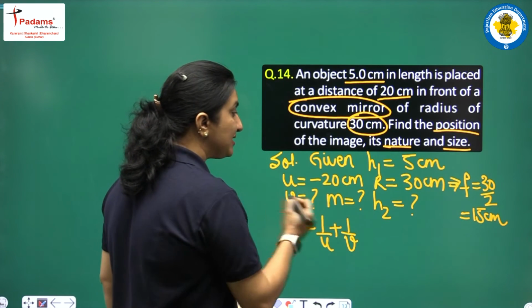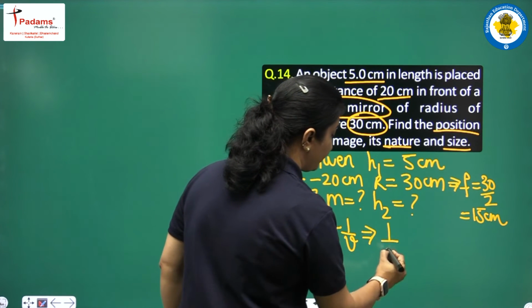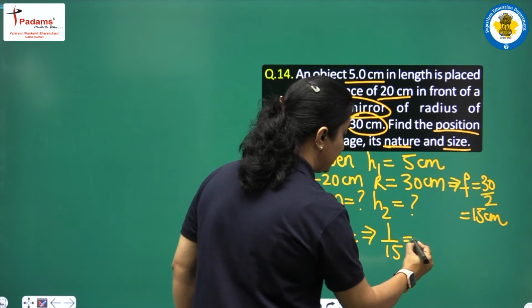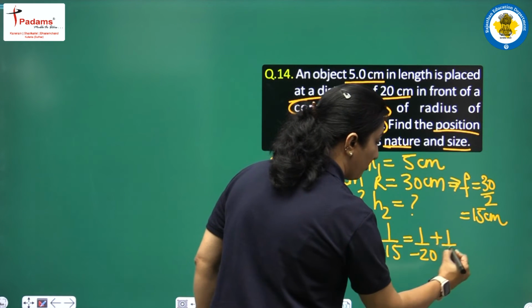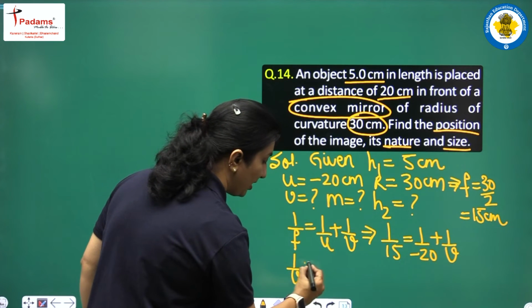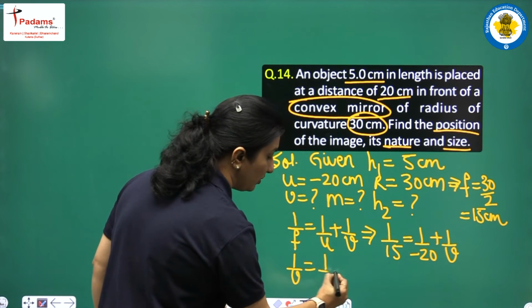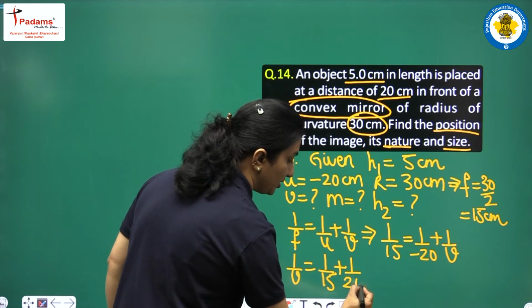So we will calculate V here. On substituting the values, 1 upon 15 is equal to 1 upon minus 20 plus 1 upon V. On rearranging, 1 upon V becomes equal to 1 upon 15 plus 1 upon 20.